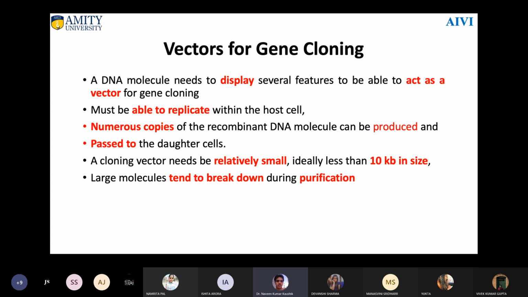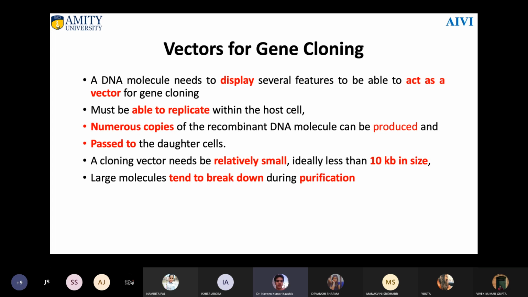Then the next property: large molecules tend to break down during purification. If the molecule is large, like DNA, when you purify DNA it is very difficult to have intact DNA. DNA has the ability to shear.